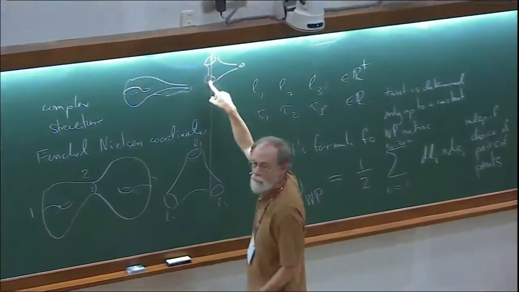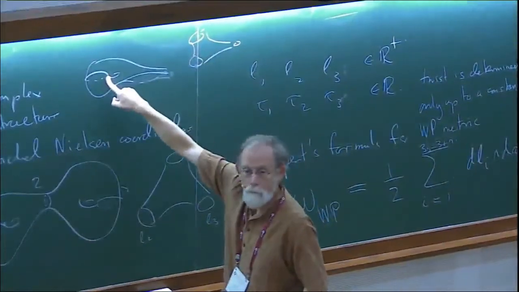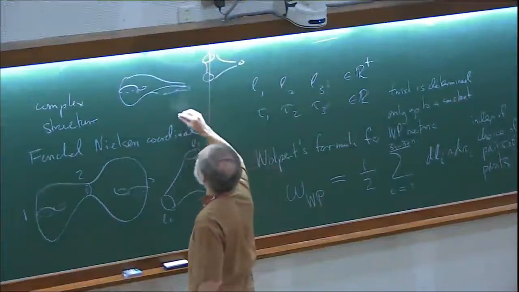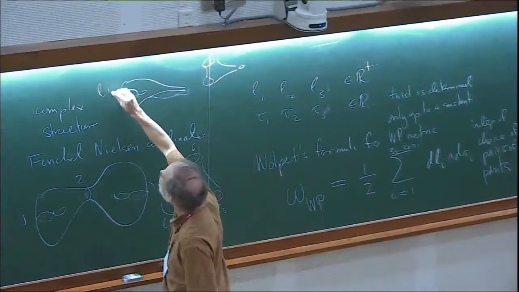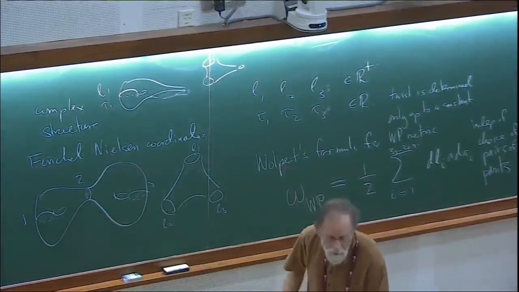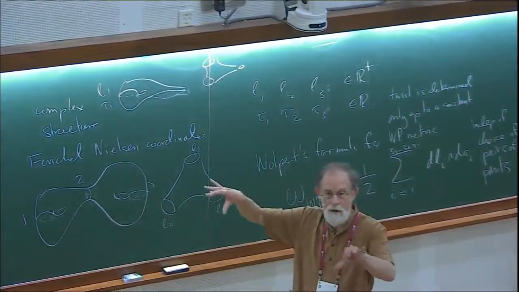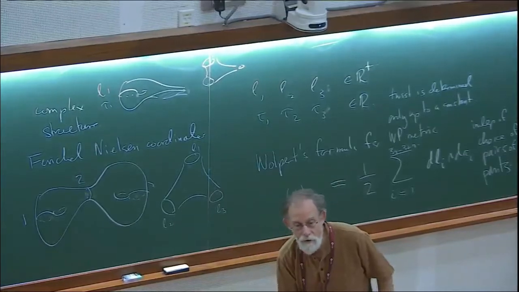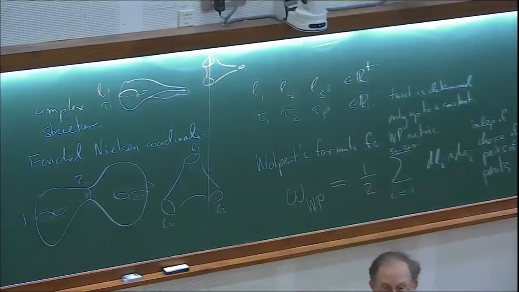And these two have to match because they're going to be glued together. So in this case you just get the one number, L1 and tau 1. So the cusp ends of the pairs of pants just don't contribute any choice at those ends.